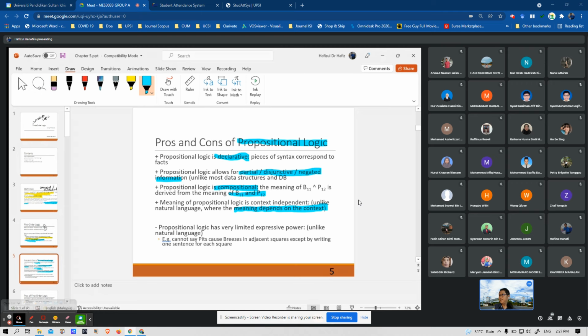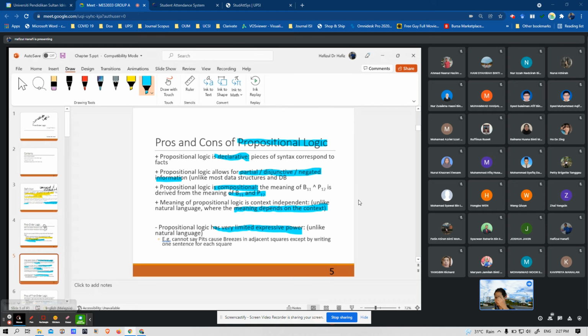Okay, and then propositional logic also has very limited expressive power, unlike the natural languages. For example, you cannot say "pits cause breezes in adjacent squares" except by writing one sentence for each square. They have limited potential.